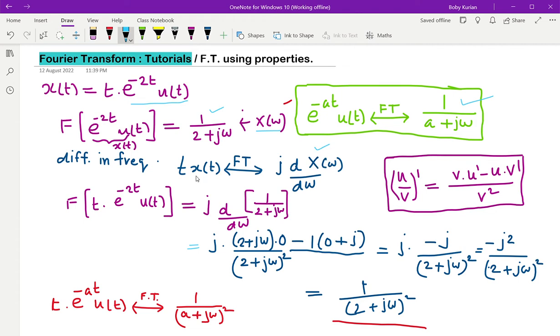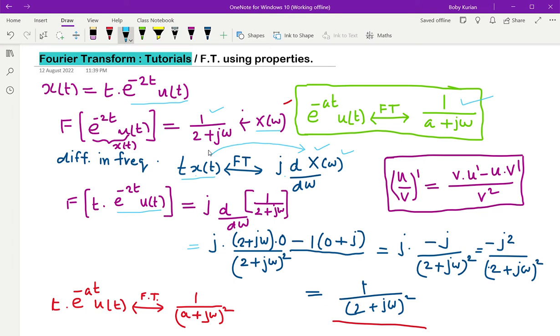So if the Fourier transform of x of t is x of omega, then the Fourier transform of t into x of t will be j into d by d omega of x of omega. Okay, so here in this example we can see t into e power minus 2t u of t. So that is also of the form t into x of t, so we can also use this property here, j into d by d omega of x of omega.